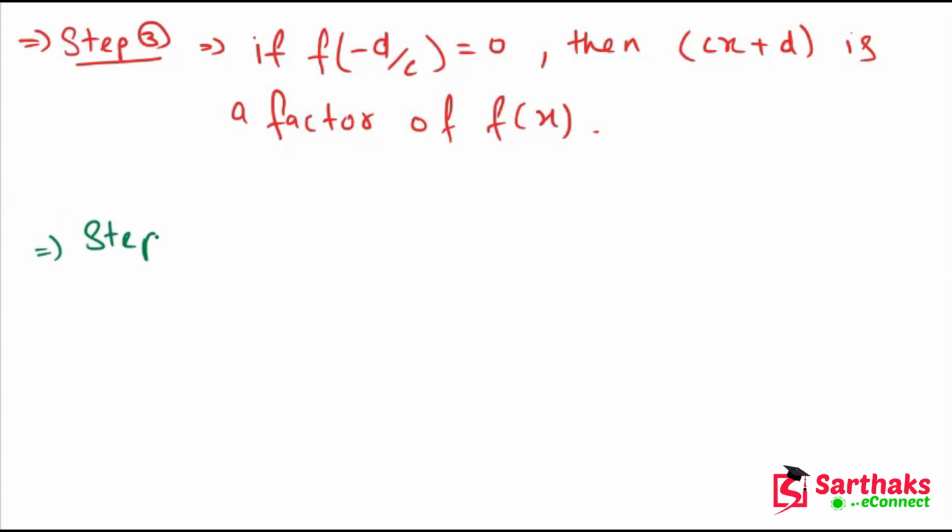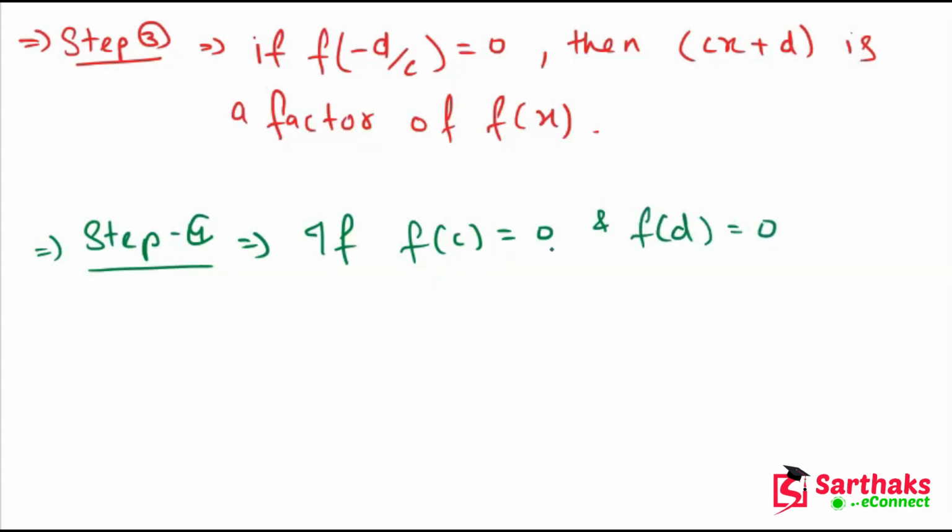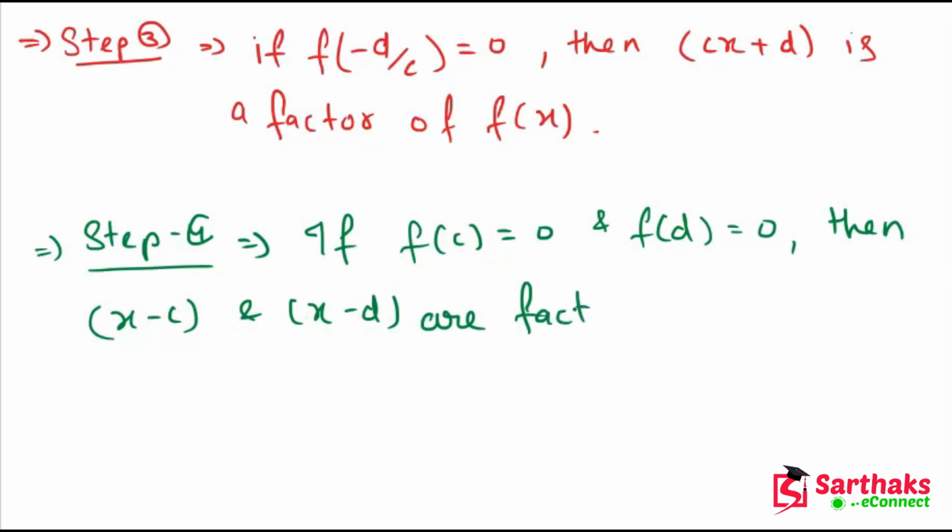Now step number 4: if f of c is equal to 0 and f of d is equal to 0, then in this case x minus c and x minus d are factors of the polynomial f of x.